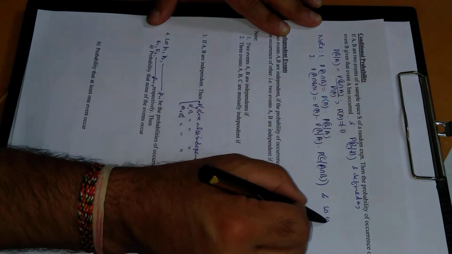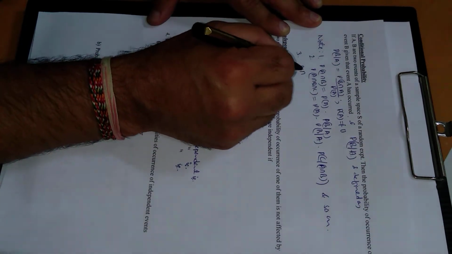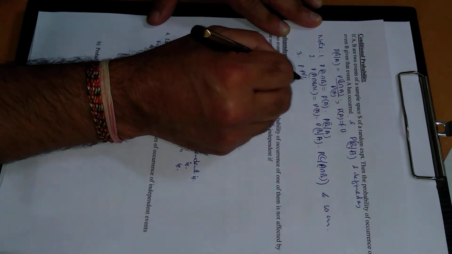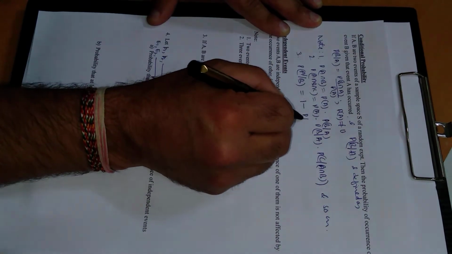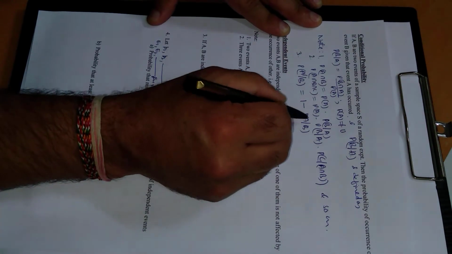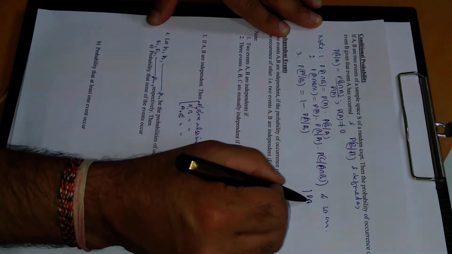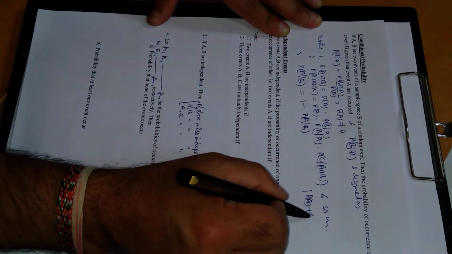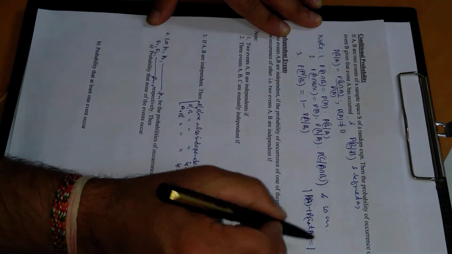Number 3, the probability that not A when event B has already occurred can be given as 1 minus the probability of A when event B has already occurred. This result is just like P of A plus P of not A equal to 1.